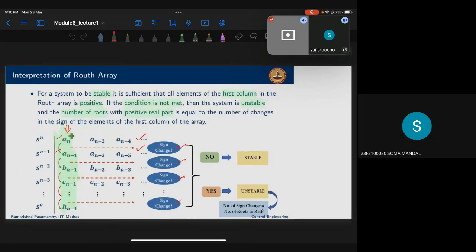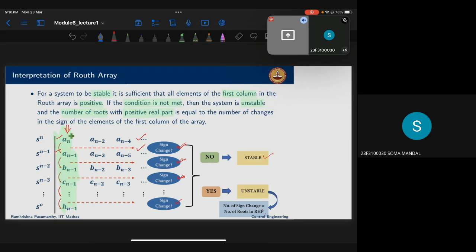Okay, so once you fill this table, we call this the RH table. Then for every two rows, we check whether there is any sign change or not. If there is no sign change at all, meaning all the terms are either positive or all negative, then we say the system is stable.